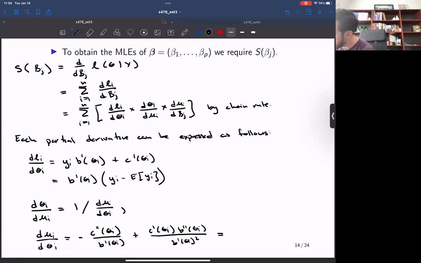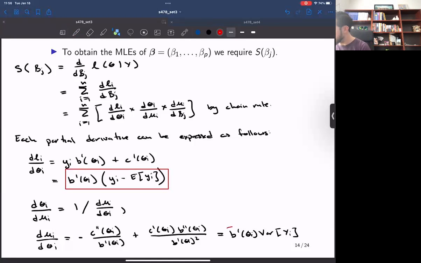So this thing would be equal to b prime theta i times the variance of y. Any questions so far?